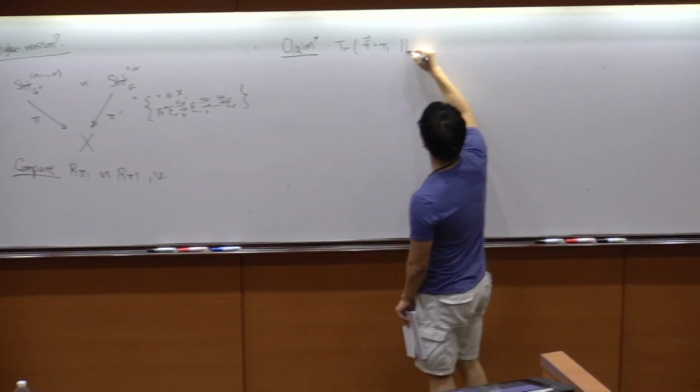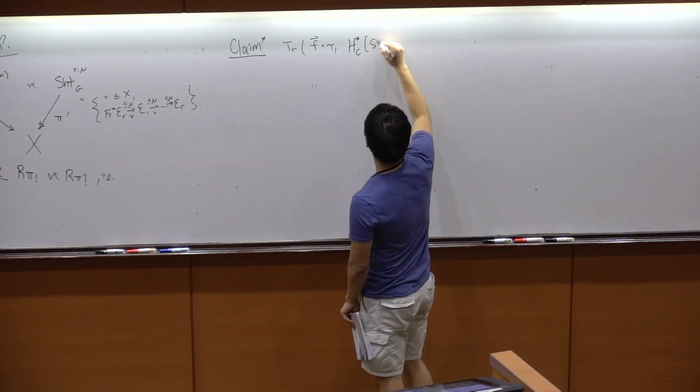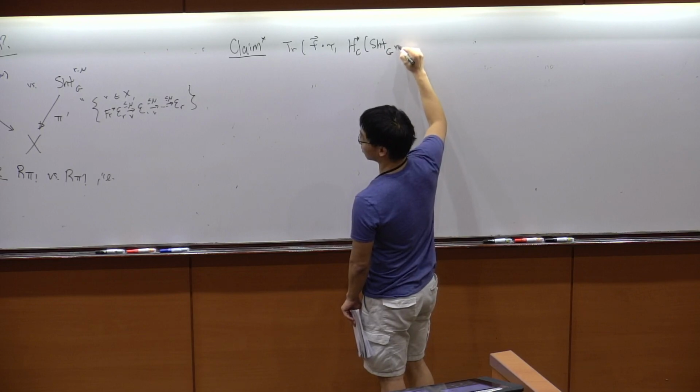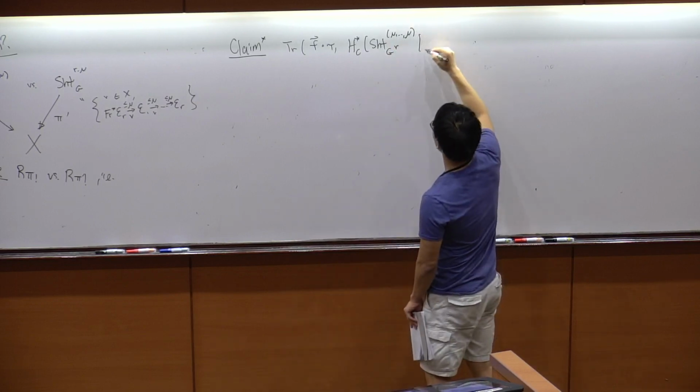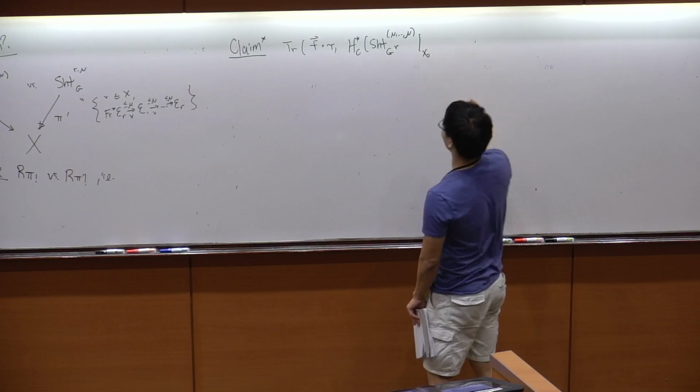So cohomology of G^r restricted to the fiber over some point on the curve.